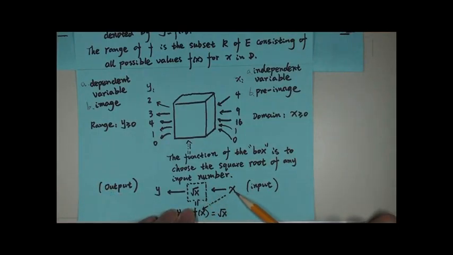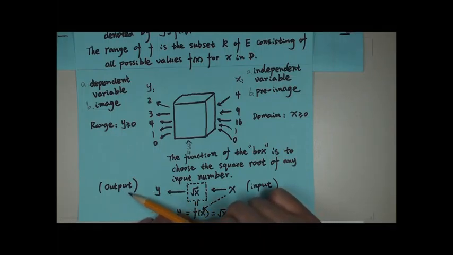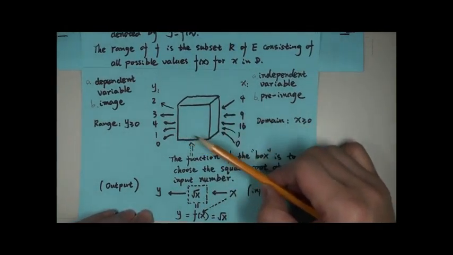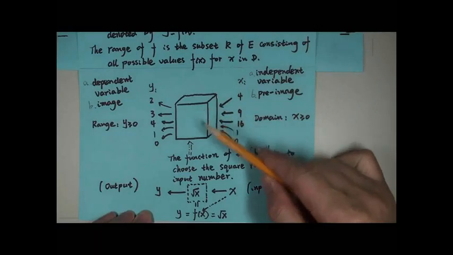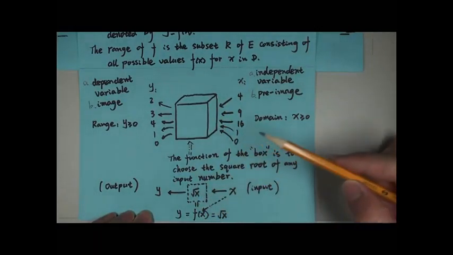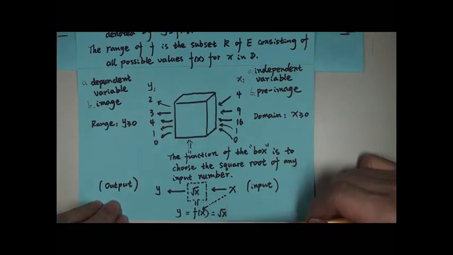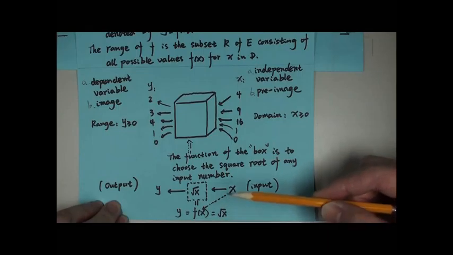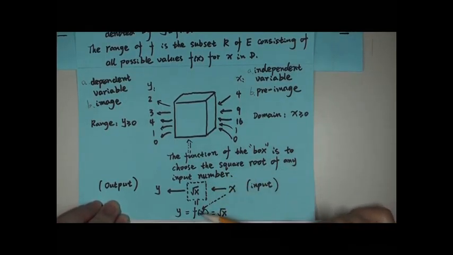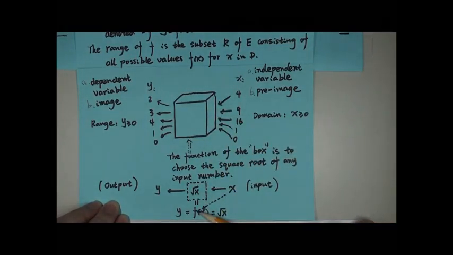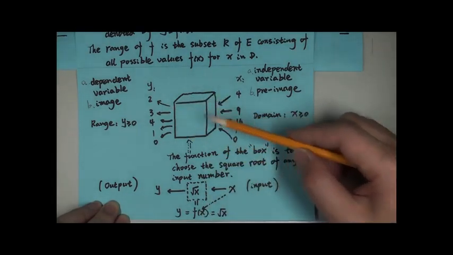For each input x, it has an output y. The input is on the left, and the function of this box is to choose the square root. How are we going to denote this kind of definition? We use f to show the function of this box.